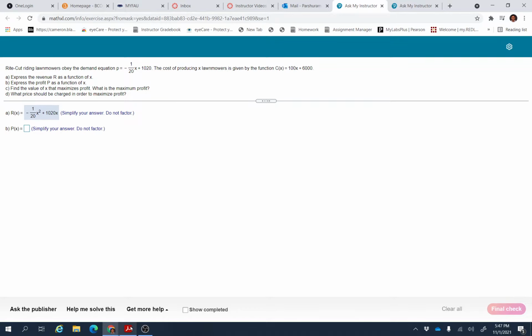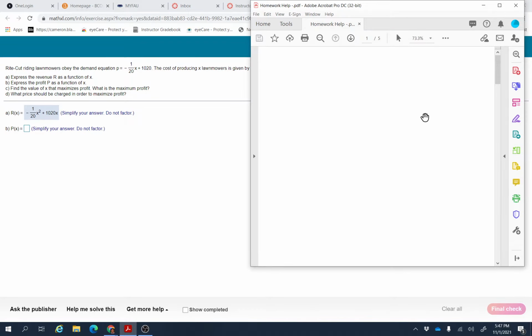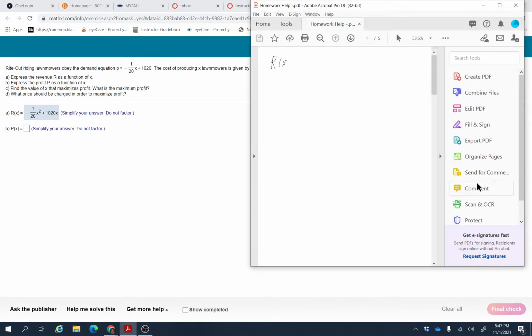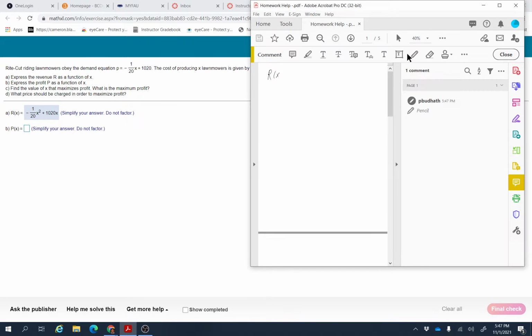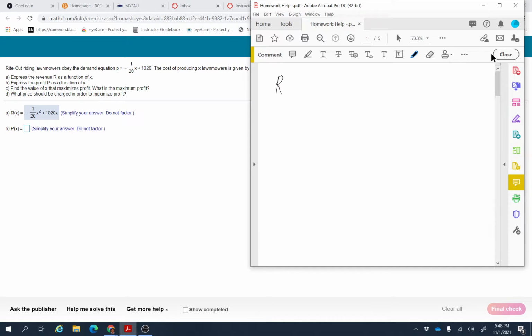Okay, and revenue is a product of price times the number of items. Revenue means how much money you make by selling x many items. That's the meaning of revenue. Revenue is x times p. Okay, that's the first thing you have to know.